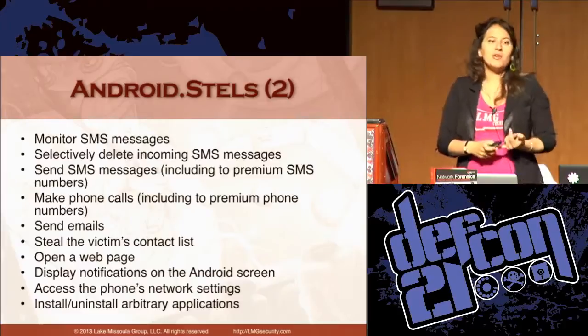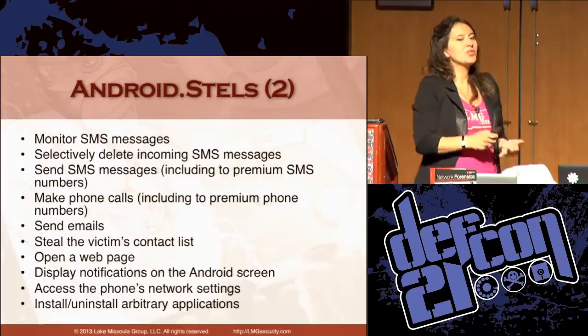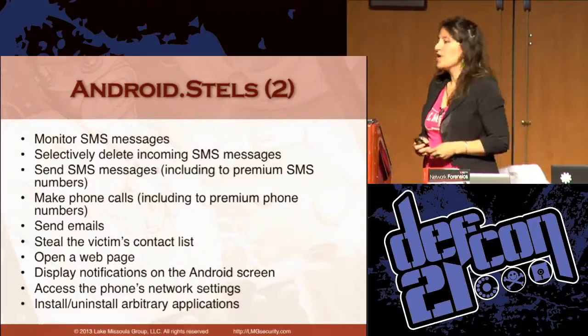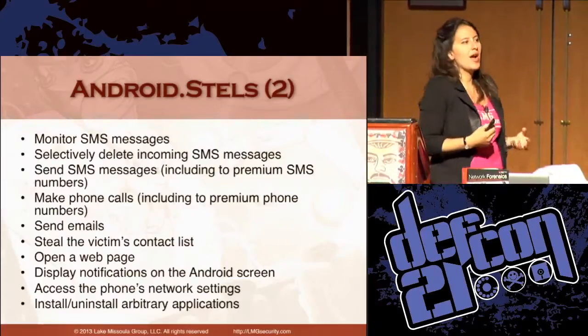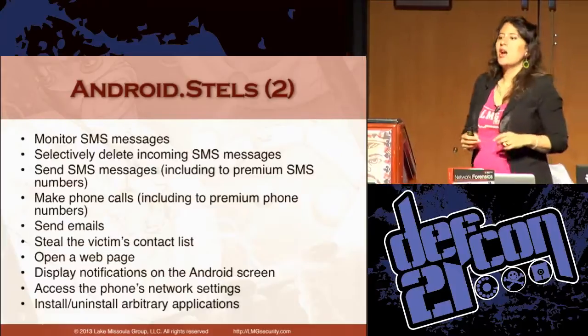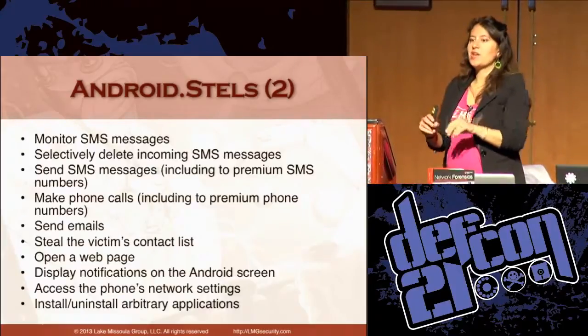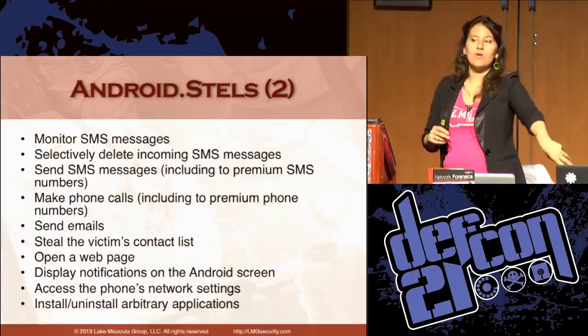Stealth is capable of monitoring SMS messages and also filtering and intercepting SMS messages. This isn't surprising because ever since banks started coming out with out-of-band authentication, like you go to log into your bank's website and then sometimes it'll send you a PIN to your phone, right?